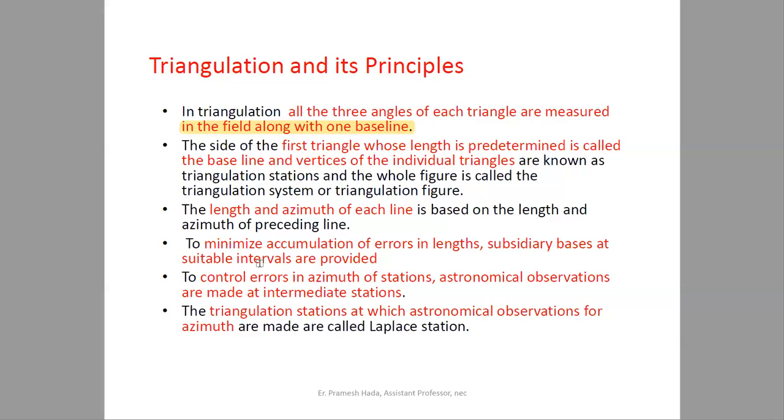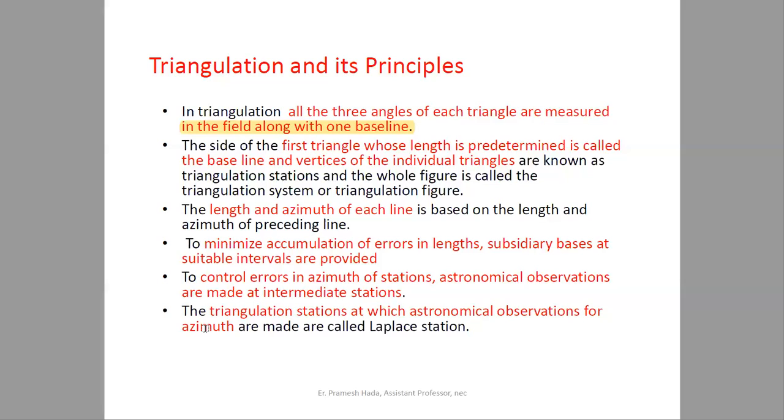Control errors in azimuth of stations. Astronomical observations are made at intermediate stations. We have to control the errors in azimuth of stations. This is really important in triangulation, because with the help of azimuths we determine the sides apart from the baseline.